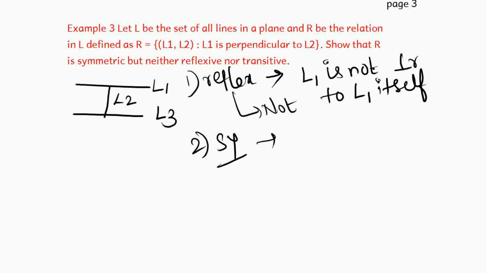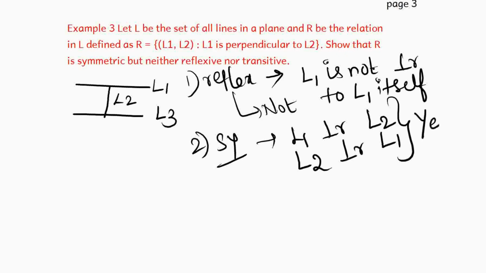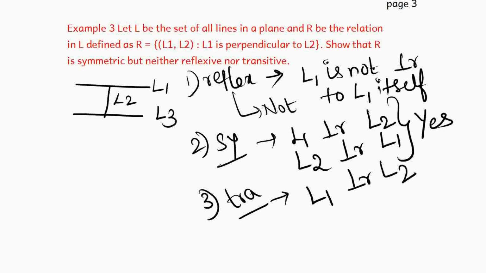Second condition is symmetric. Symmetric is if L1 is perpendicular to L2, then obviously if I replace the position of the elements, L2 will also be perpendicular to L1. Since this condition is true, it is symmetric. Last one is transitive. Transitive means if L1 is perpendicular to L2 and L2 is perpendicular to L3, then L1 should be perpendicular to L3.